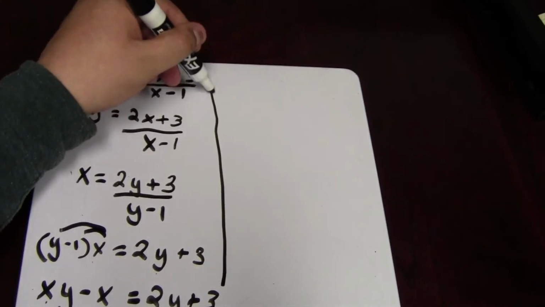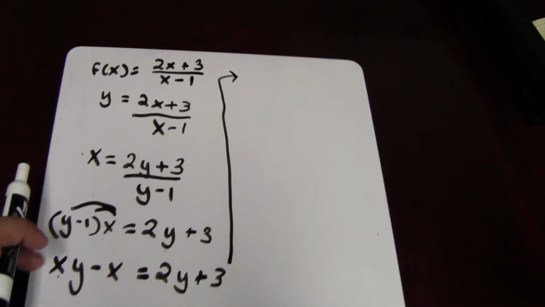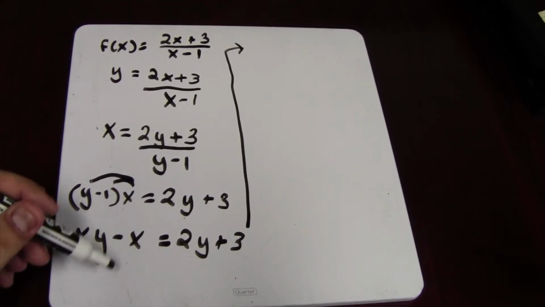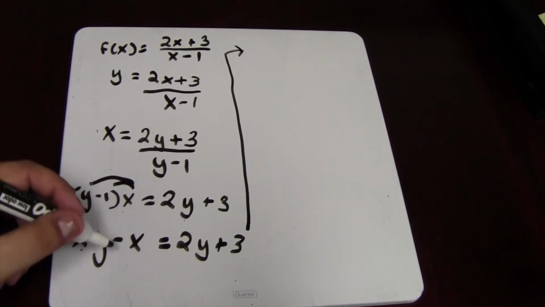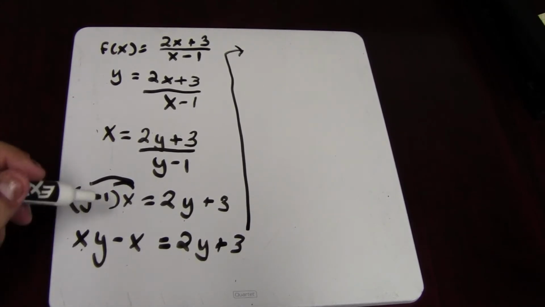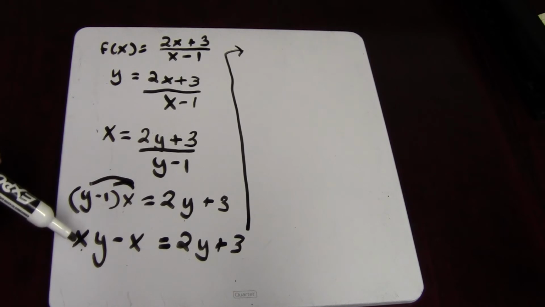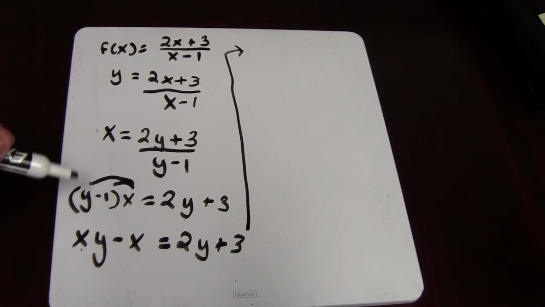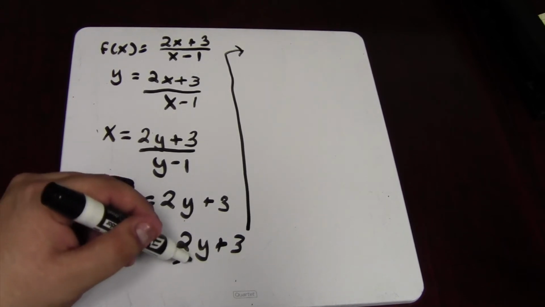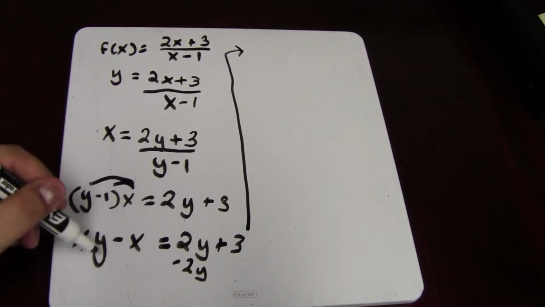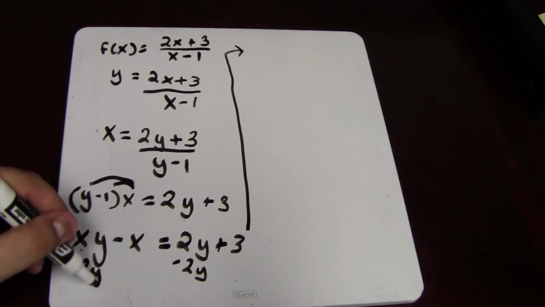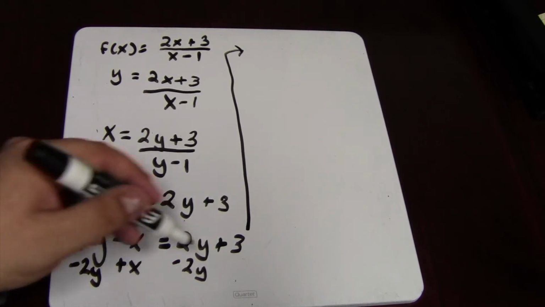Now, I'm going to go ahead and write what I would do next, which is important. Anything with a y in it, I'm going to put on one side of the equal sign, and anything that doesn't have a y in it, I want it to be all on the other side of the equal sign. So what I'm going to do here is move this 2y over to this side, and I'm going to move this x over to this side.